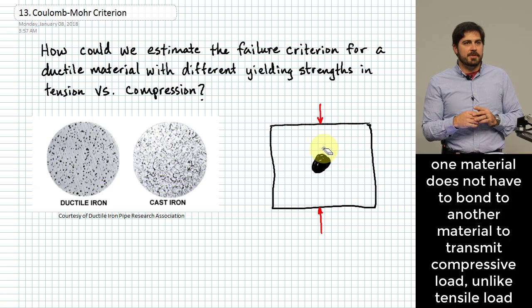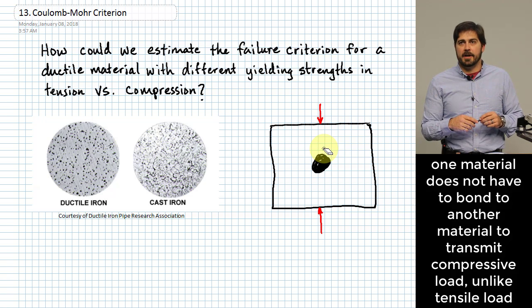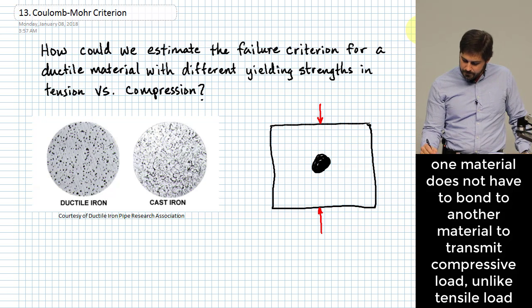You can end up having these asymmetric properties in tension versus compression. So this is our justification as to why materials like this exist, where you have a different yielding strength in tension versus compression.